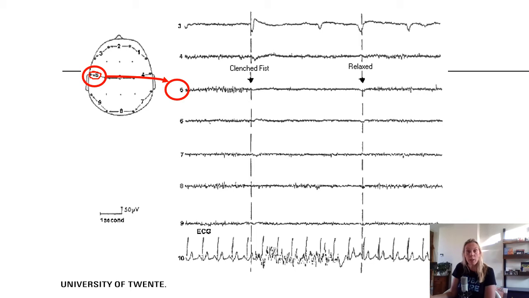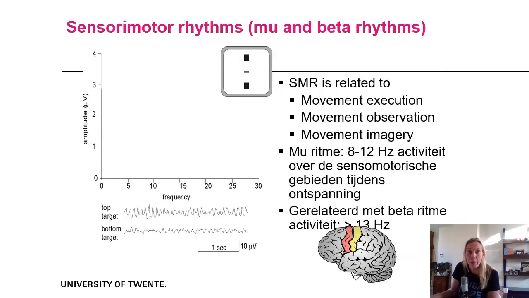Now we know that there is a rhythm within the brain. We call this the sensorimotor rhythm, or the mu and beta rhythms. Don't bother so much about this. But we can measure them over the motor cortexes. They're in the same range as the alpha rhythm, 8 to 12 hertz.